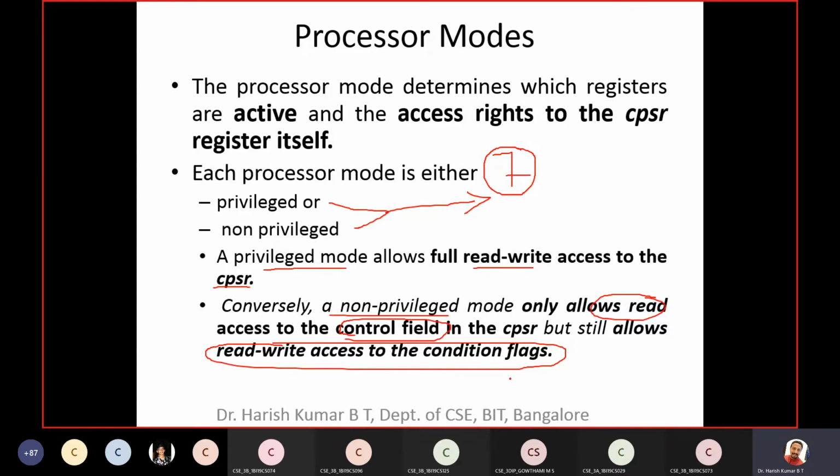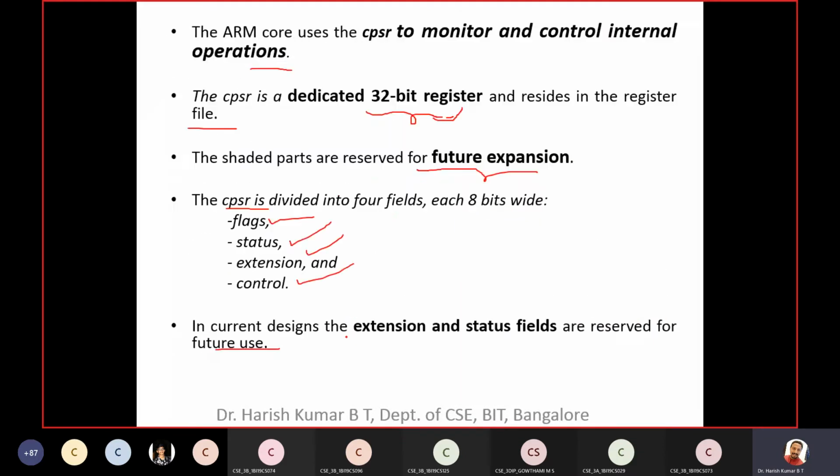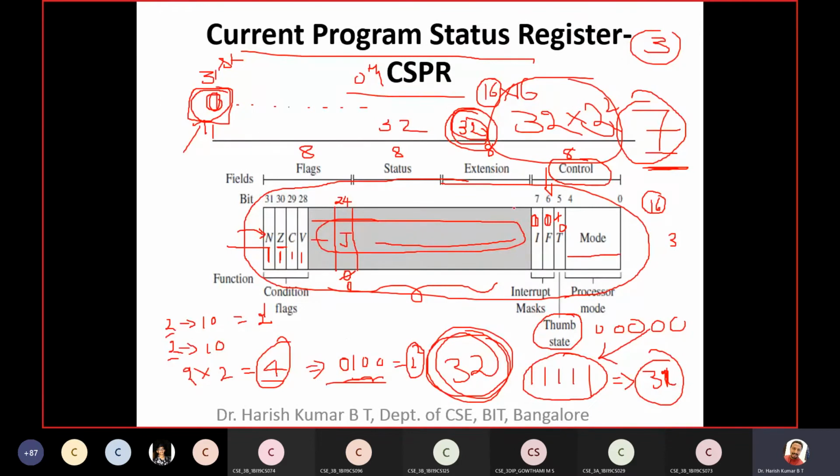When the processor is in the non-privileged mode, you can only read the control field. So this entire part I'm showing here can be read in the non-privileged mode, but you cannot modify it.